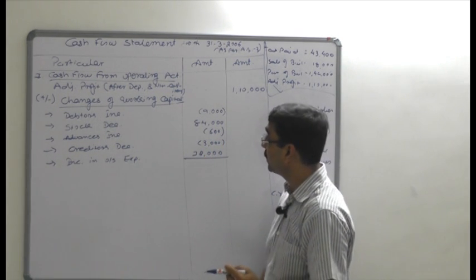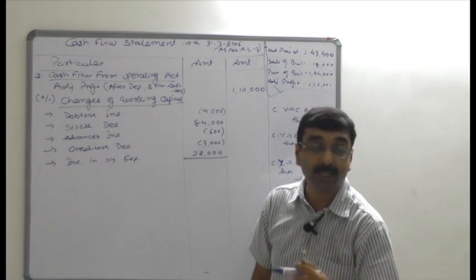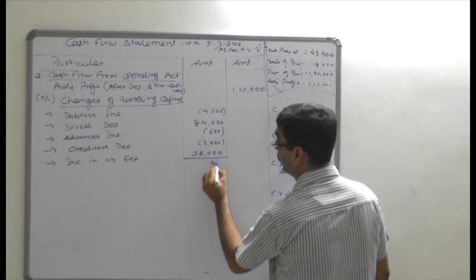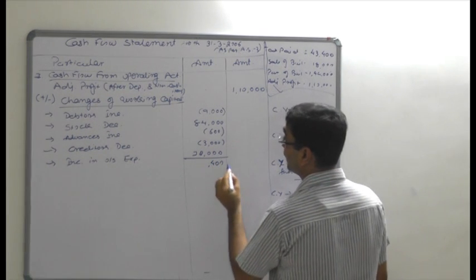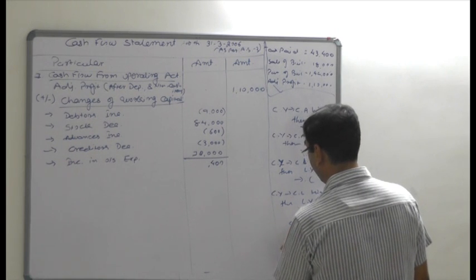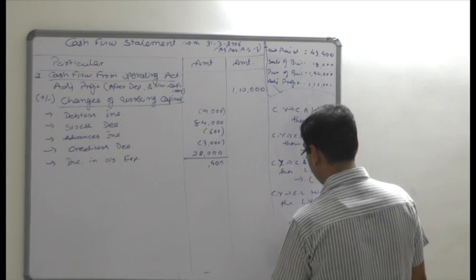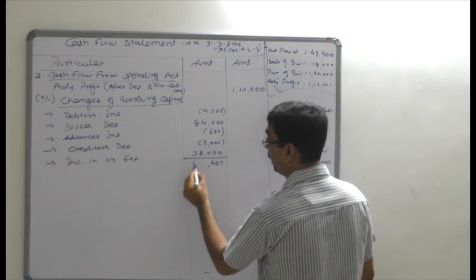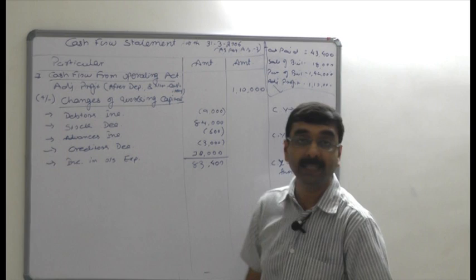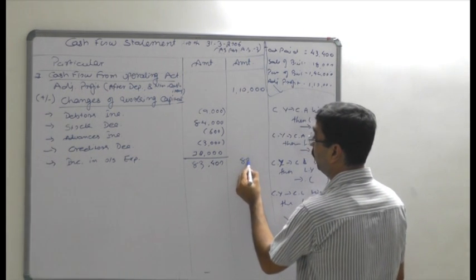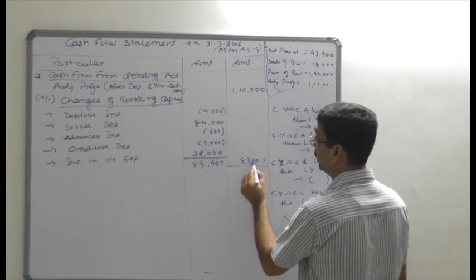So from 96,000, 12,600 is going to be deducted. 96,000 minus 12,600 comes to around 83,400. The changes come to 83,400, and this 83,400 would be added into this.